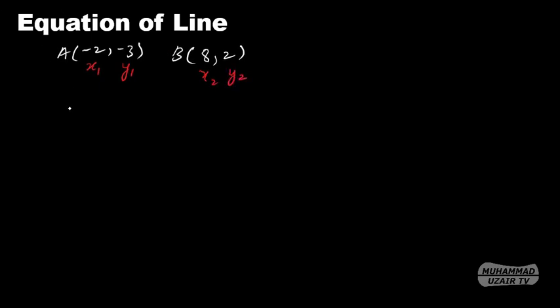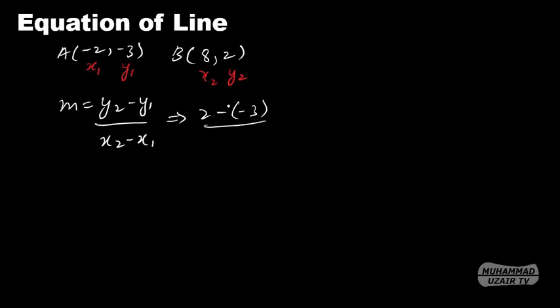So first we need to find the slope, as we know that slope is equal to y2 minus y1 divided by x2 minus x1. By putting values, y2 is 2 minus -3, divided by x2, 8 minus -2.